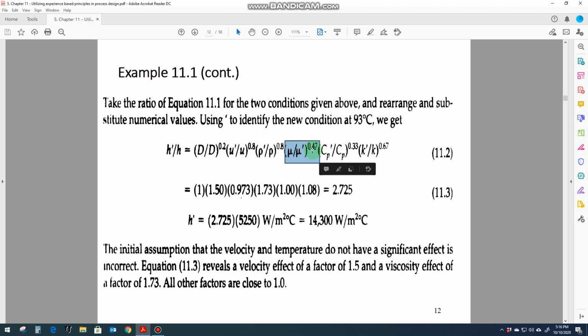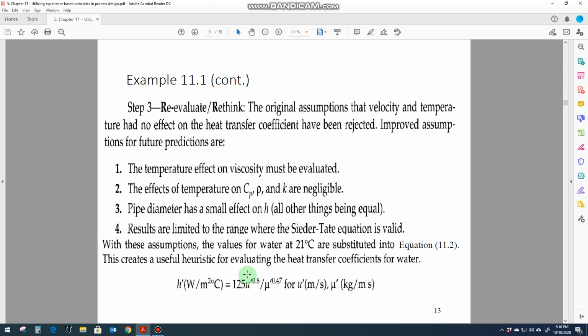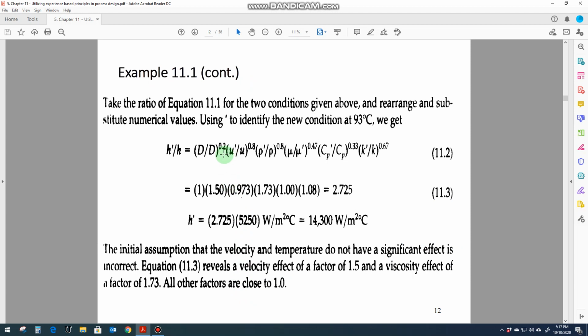So the new equation that we can make here has the velocity factor and the viscosity factor. You multiply by the velocity, which is in the numerator if you write in terms of new velocity, and the viscosity is in the denominator.